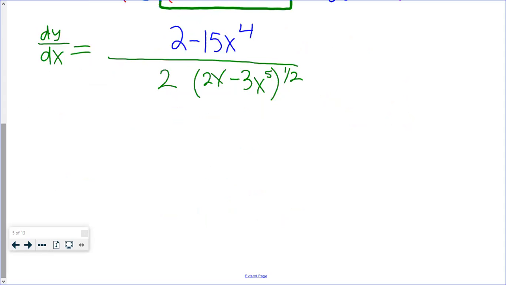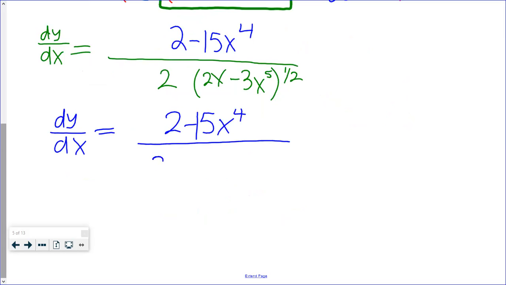I would go one step further and I would rewrite this question with the square root. Let's see.